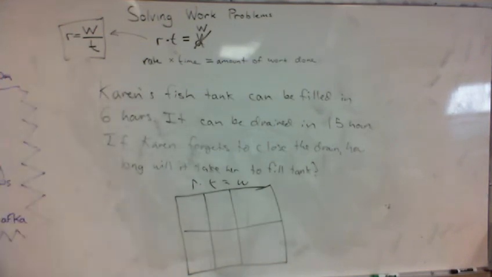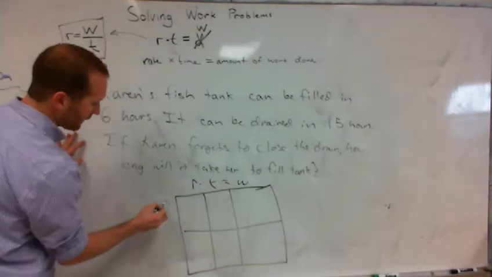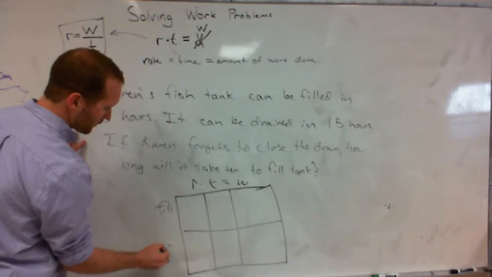I'm just going to wait a few seconds. Amy, what would our two rows be? Wouldn't it be the time that it takes to fill it and the time that it takes to drain it? Good. So filling and draining.